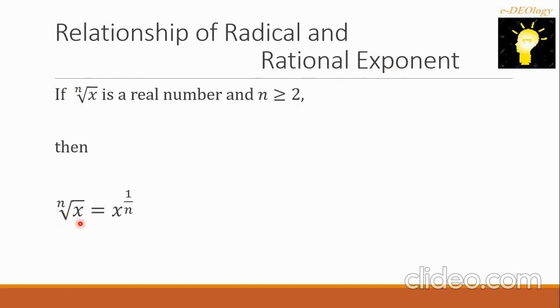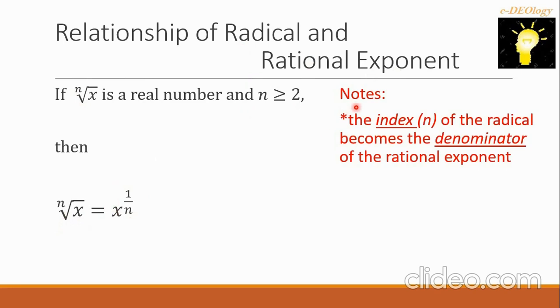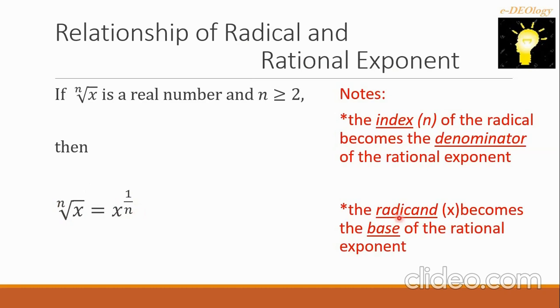So the nth root of x equals x raised to a rational exponent. Note that the index n of the radical becomes the denominator of the rational exponent. Next, the radicand x becomes the base of the rational exponent.